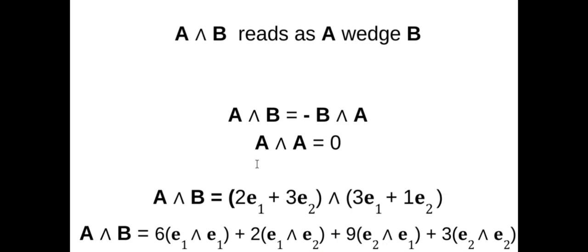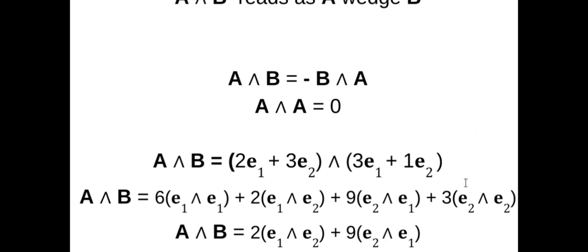So we're just going to do the traditional first, outer, inner, last: 2 times 3 is 6, E1 wedge E1. 2 times 1 is 2, E1 wedge E2. 3 times 3 is 9, E2 wedge E1, and 3 times 1 is 3, E2 wedge E2. Now let's look at this property here. A vector wedged with itself is equal to 0. So that gets rid of this one and that one, all right? So we only have two left.